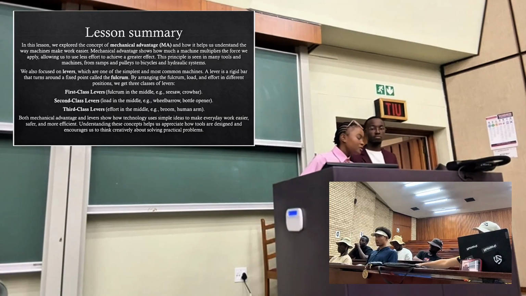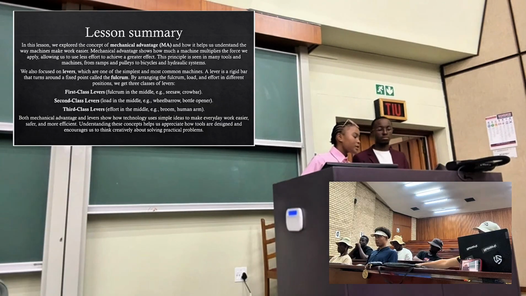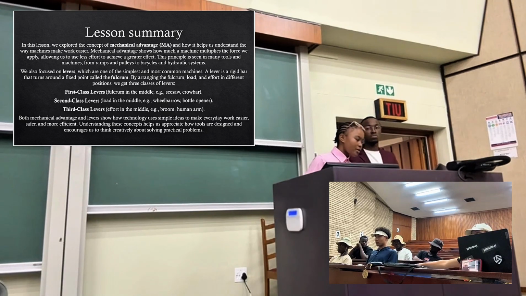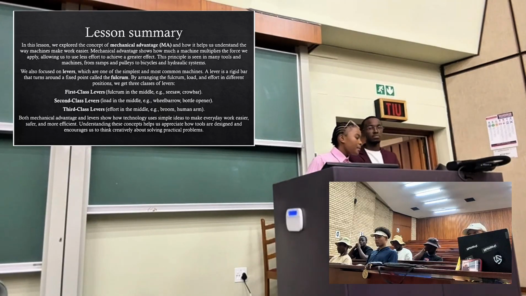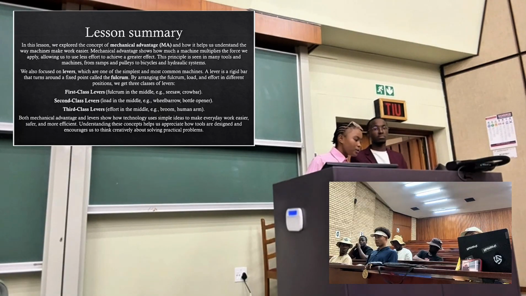We also focused on levers, which are one of the simplest and most common machines, right? A lever is a rigid bar that turns around a fixed point called the fulcrum. By arranging the fulcrum, load, and effort in different positions, we get three classes of levers. We have the first class lever, second class lever, and third class lever.